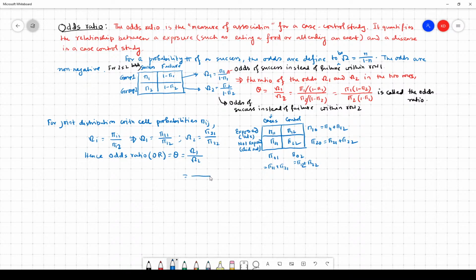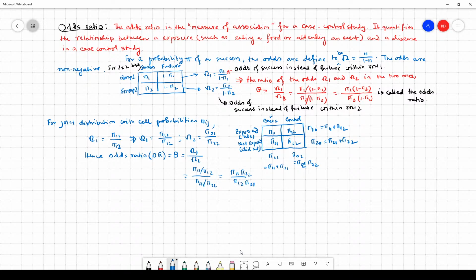That means pi 1 1 by pi 1 2 divided by pi 2 1 by pi 2 2, which is equal to pi 1 1 pi 2 2 by pi 1 2 pi 2 1.